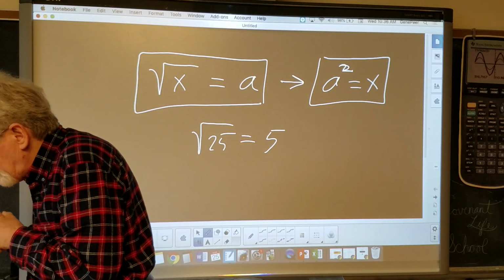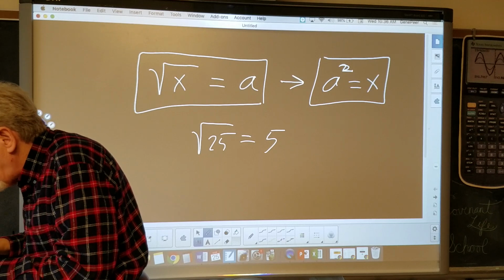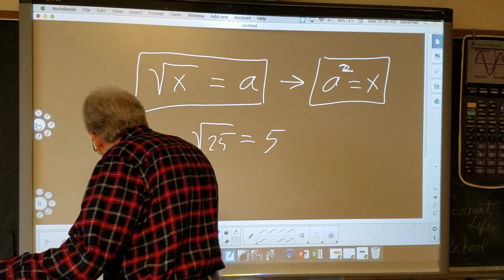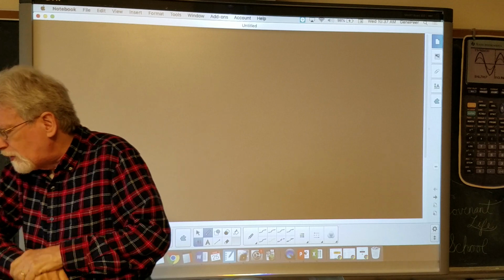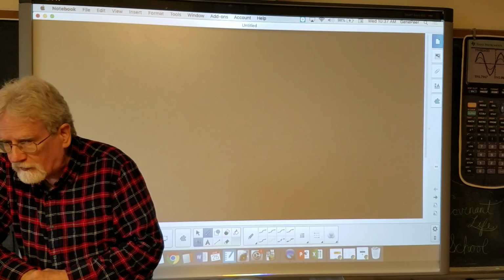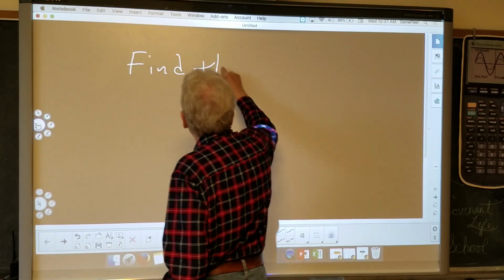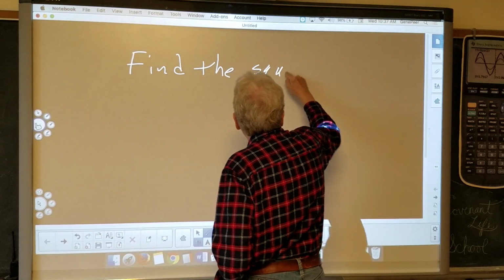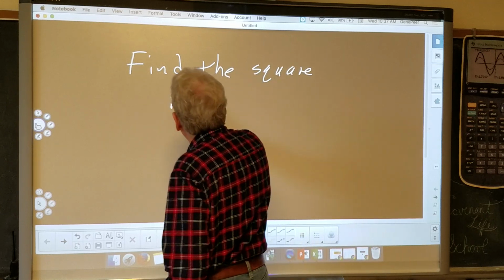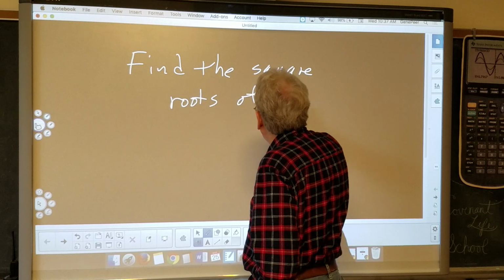Now, they give some examples. Page 292, example 1. They ask for the 2 square roots of 64. Or they don't even have to put in the word 2. They could simply say in words, find the square roots, notice the S there, of 64.